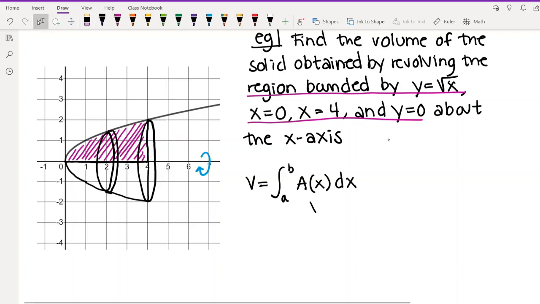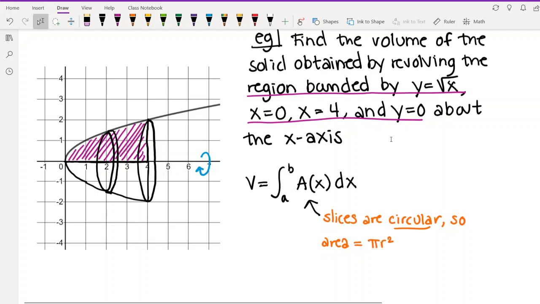So in this case, the slices are circular. So how do you find the area? Well, the area of a circle is pi r squared, right?